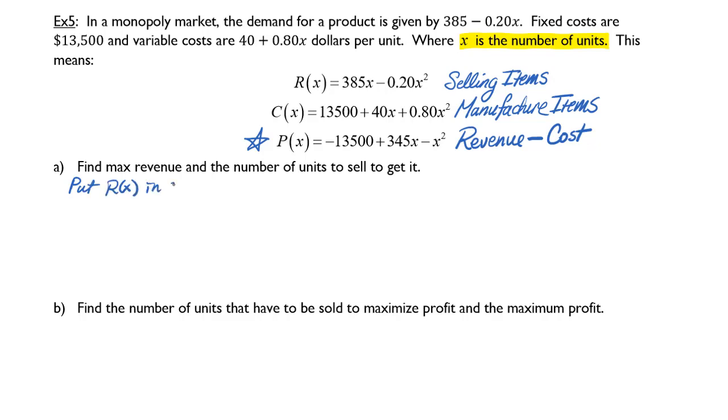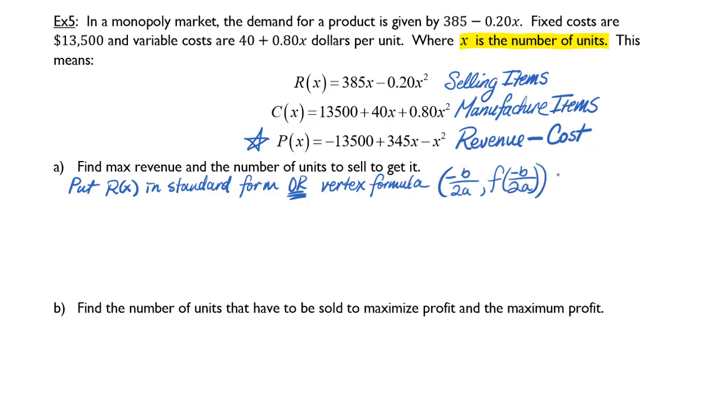We can put r of x in standard form, or we can do something that I personally believe would be a little bit easier. We can use the vertex formula. That's earlier in the handout, but it is negative b over 2a, comma, f of negative b over 2a.